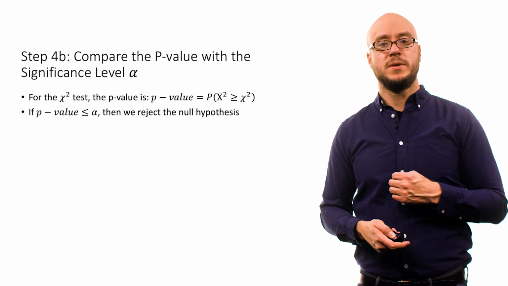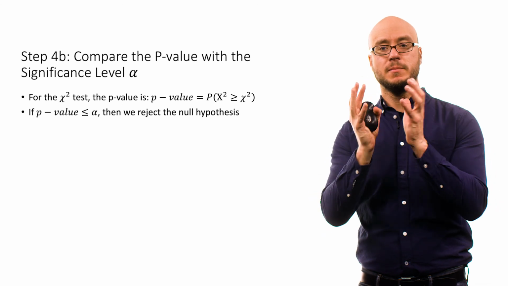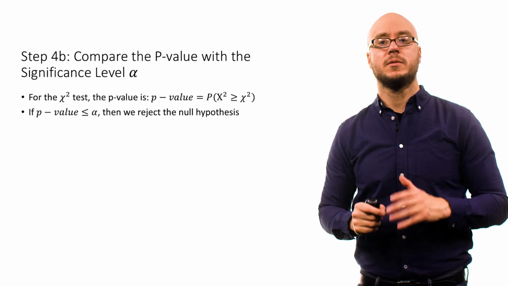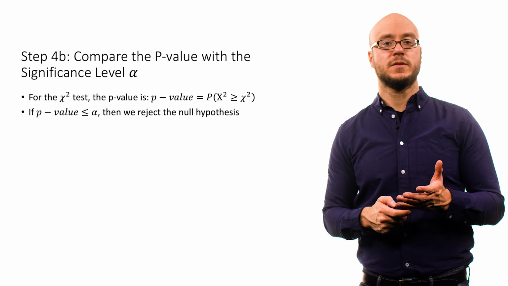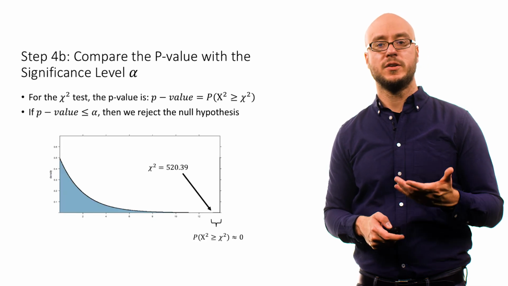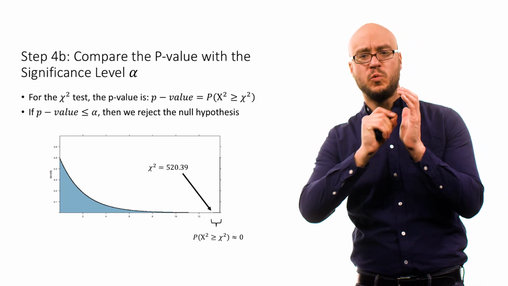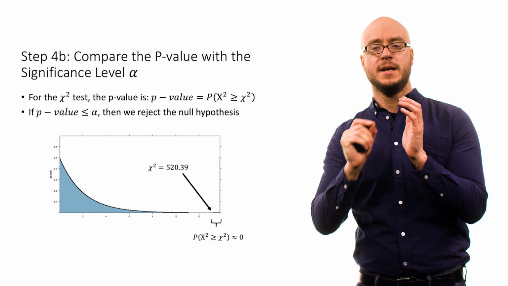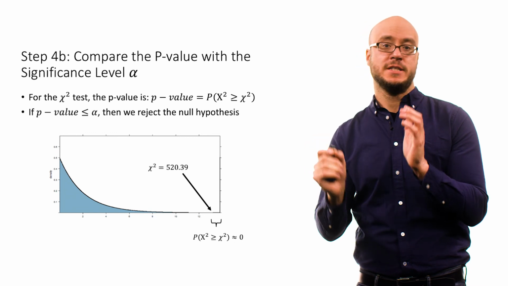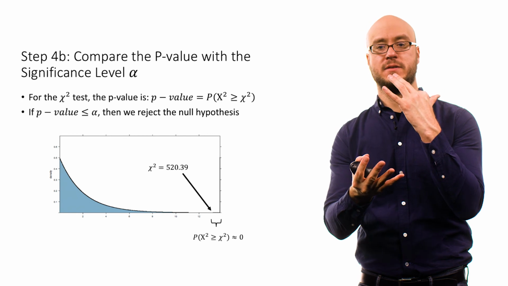We can also use the p-value. The p-value gives us the probability of observing a chi-square test statistic greater than or equal to the one we've actually observed. Again, if our p-value is equal to or less than alpha, we reject the null hypothesis. In this example, you can see our chi-square test statistic is way over to the right. It's very large. That just reflects the fact that our expected and observed counts are really quite different from each other.